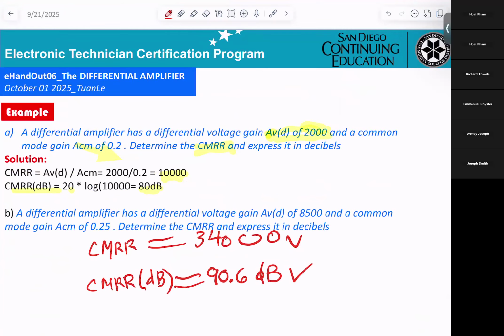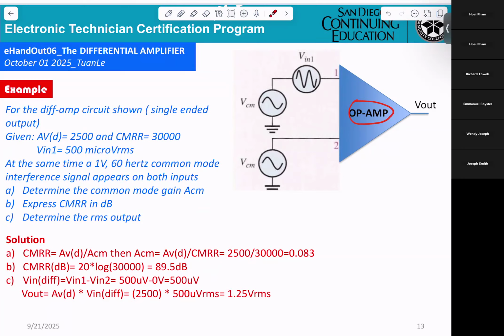Part C, output RMS. Vin differential equals Vin1 minus Vin2. We have Vin1 here, but we don't have any Vin2, so that's why minus 0. You get 500 microvolts. Vout equals AVD times Vin.